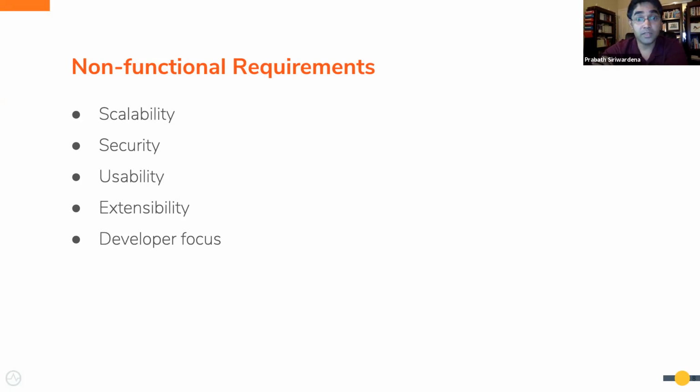Then comes the extensibility. Both the extensibility and the developer focus go hand in hand. Organizations need to continuously improve the level of consumer engagement and adapt to the changes in technology, business models, competition, regulations, and customer preferences.